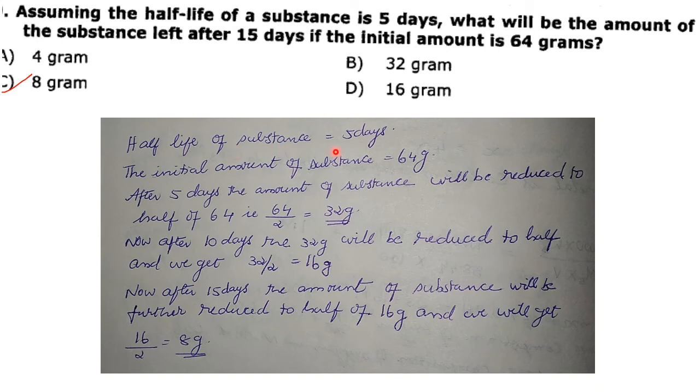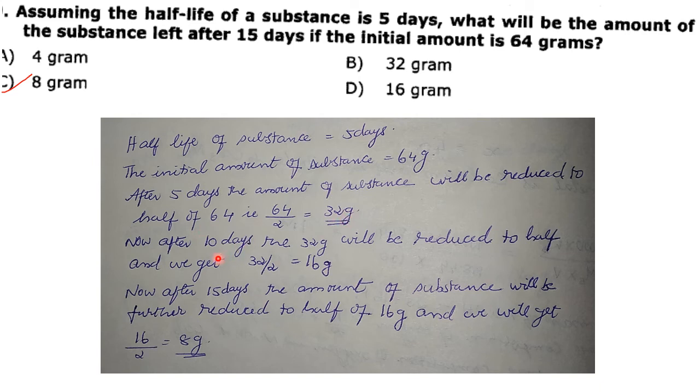The half-life is given as 5 days. The initial amount of substance is 64 grams. So we have to calculate how much amount will be left after 15 days. So after 5 days, the amount of substance will be reduced to half. So 64 divided by 2, that is 32 grams.